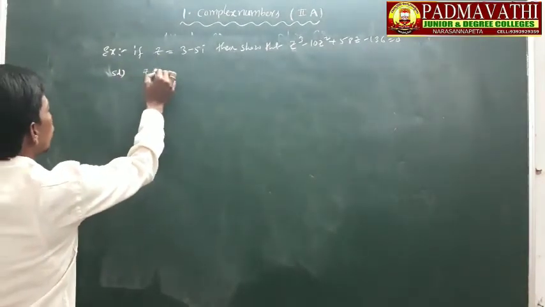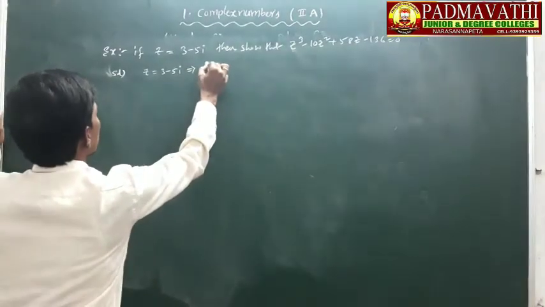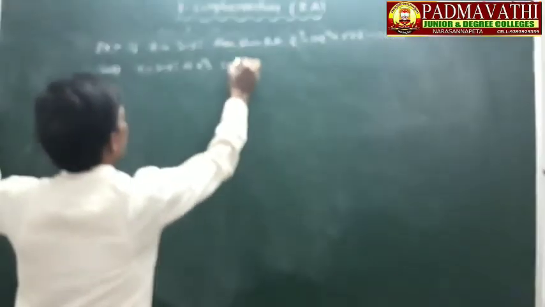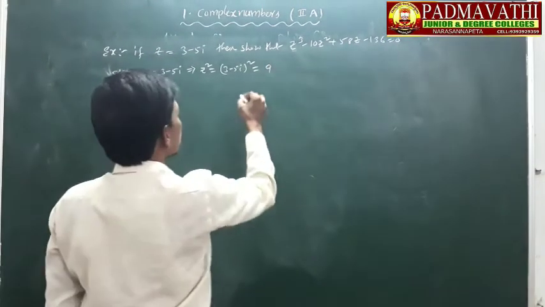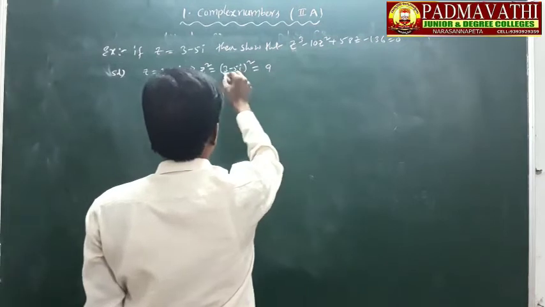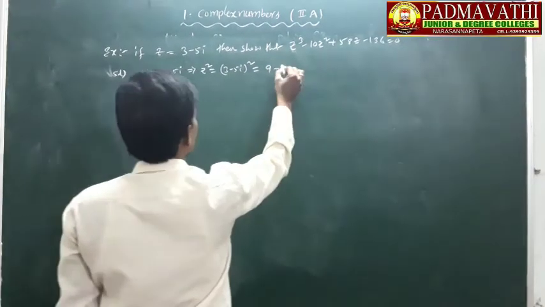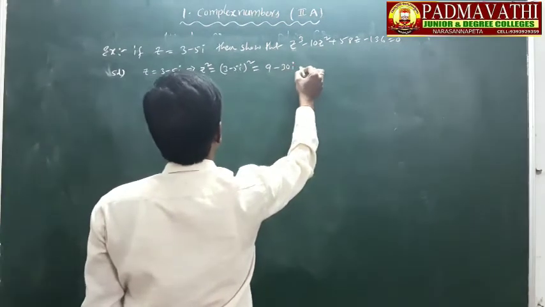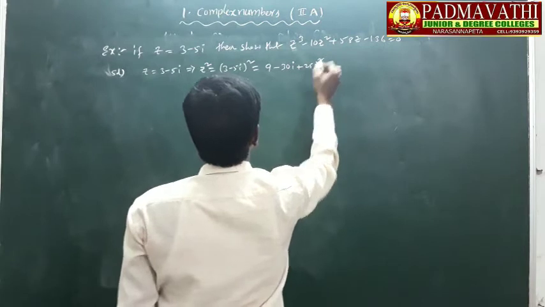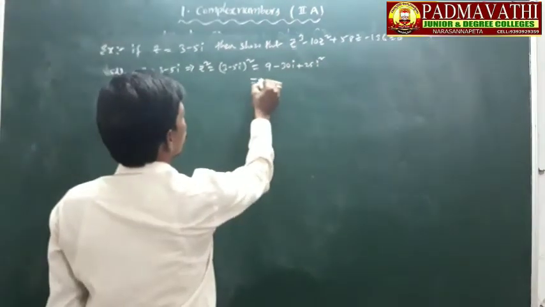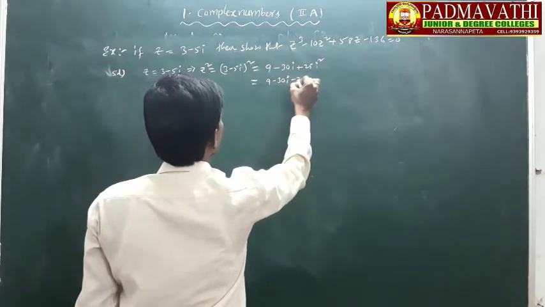z equals 3 minus 5i. Into z square, 3 minus 5i whole square: a square, 9, minus 2ab, 30i, plus b square, 25i square, that equals 9 minus 30i minus 25.